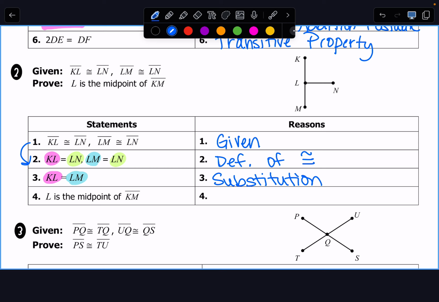But technically, this is substitution. Now, if this segment and this segment are the same, then we know by the definition of midpoint that that middle dot is a midpoint.